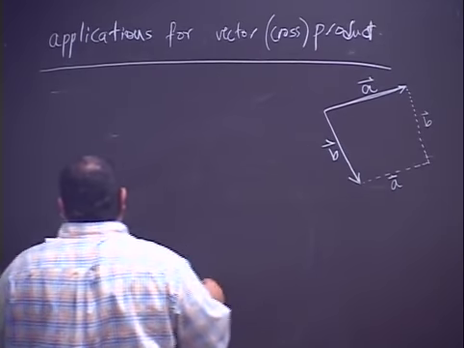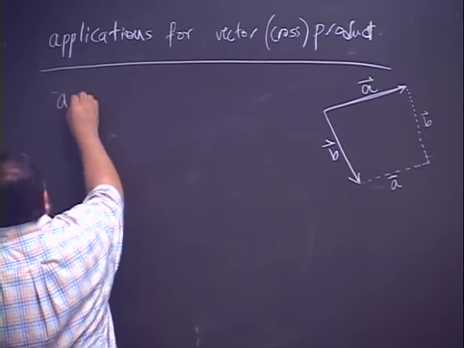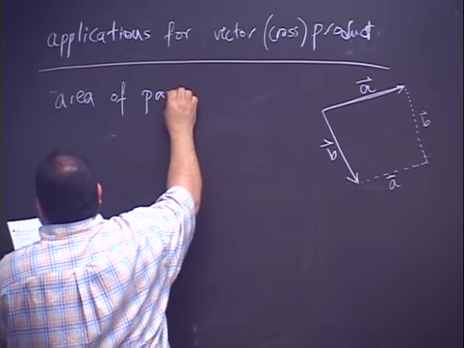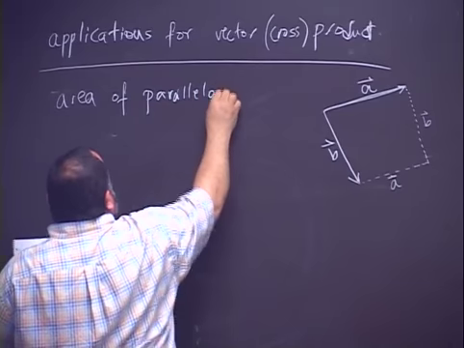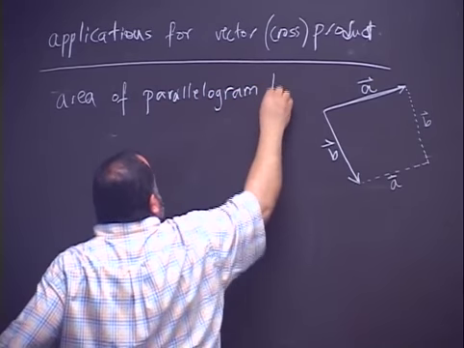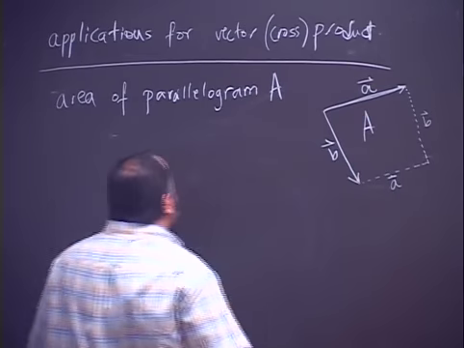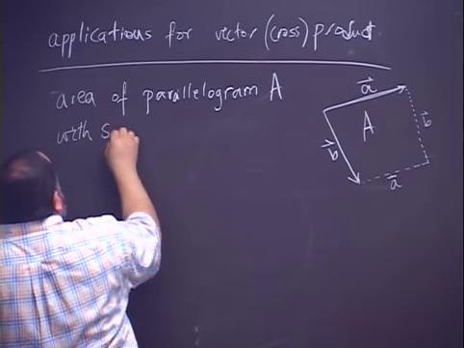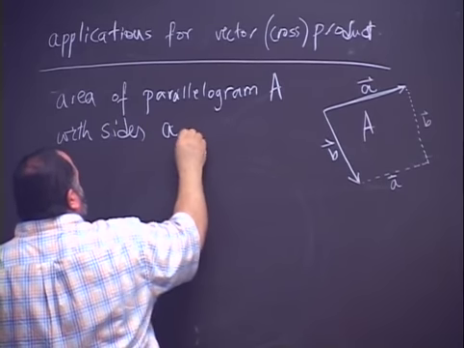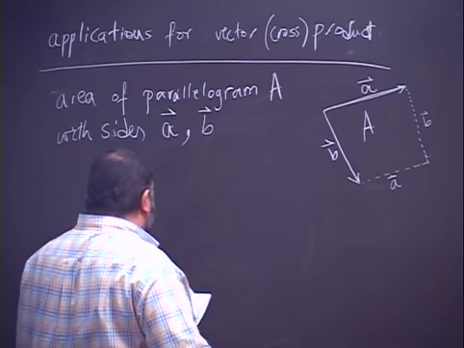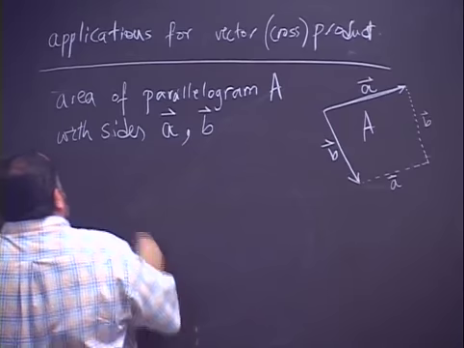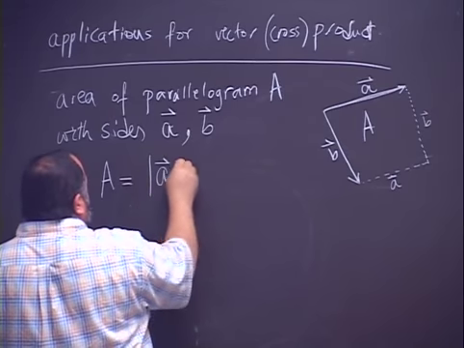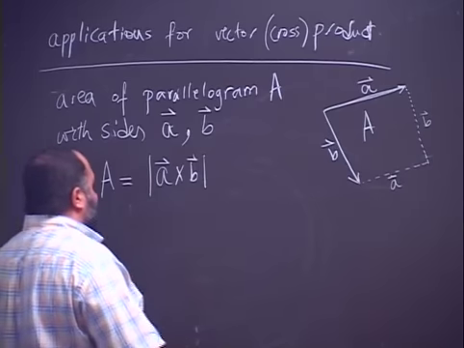The area of this parallelogram, let's assume that this is the area A, with sides A and B, the sides contained between vector A and B, is given by A crossed with B, but this is the amplitude.